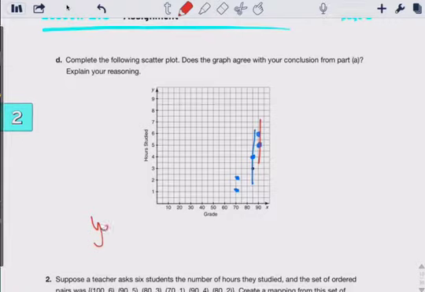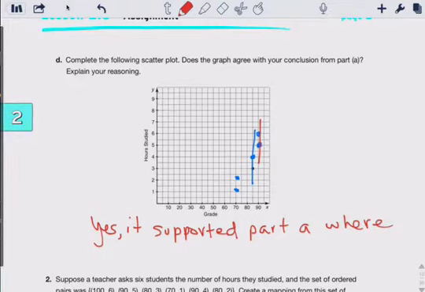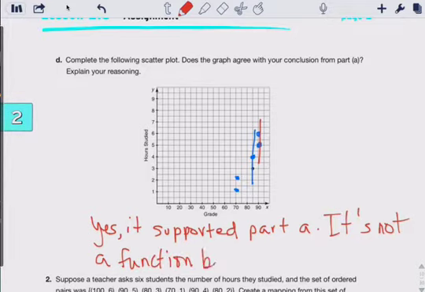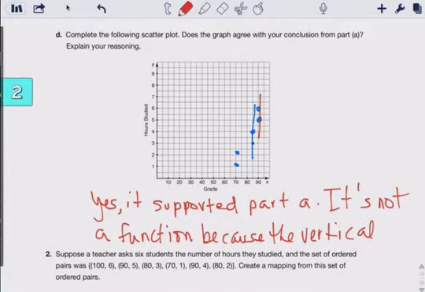So yes, it supported part A, where the graph, part A, it's not a function because the vertical line has 2 points.